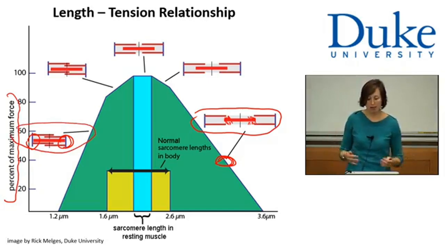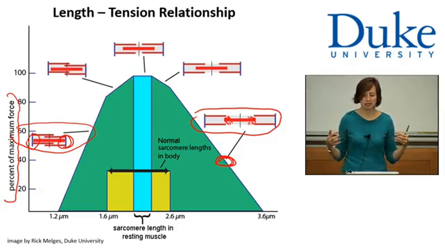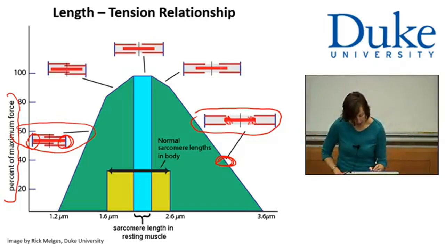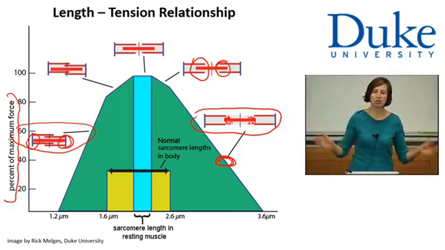So it makes sense that the sarcomere needs to be stretched enough that there's still some room for contraction in order to form some force, and not overstretched, so that the myosin heads can still fully contact the actin in order to contract.